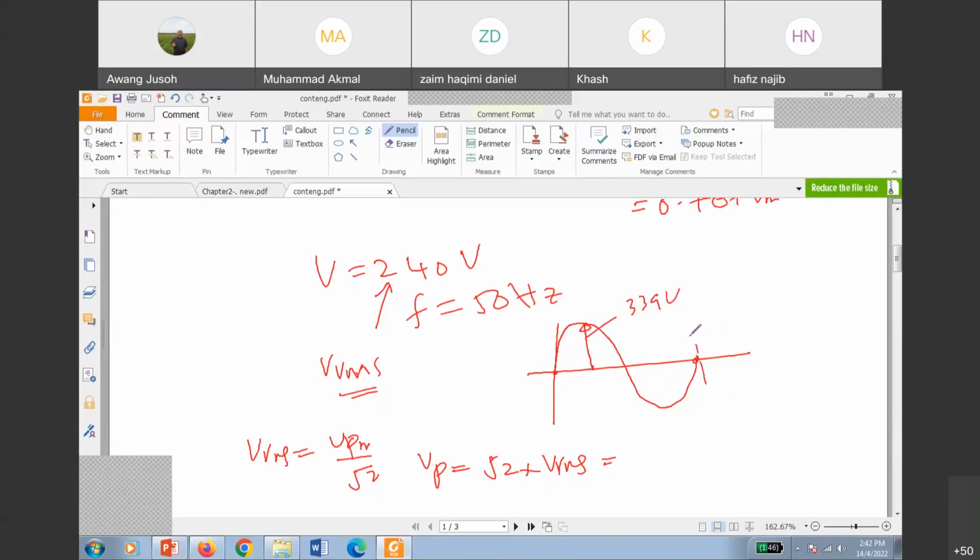The period is 20 millisecond because the frequency is 50 hertz. This is the system in our homes. If you measure the voltage with a meter, the measurement of 240 refers to the RMS voltage, and if you see the scope or any other device, the peak value equals 339 volt, with a period of 20 millisecond because the frequency equals 50 hertz.